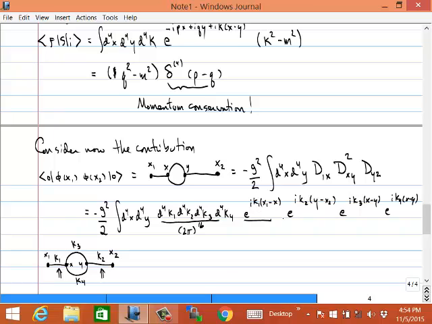And then you get a denominator for each one of these, which is k squared minus m squared. So you get a k1 squared minus m squared, a k2 squared minus m squared, a k3 squared minus m squared, and a k4 squared minus m squared. And you also get a factor of i for each propagator, but i to the fourth is equal to 1, so we don't need to worry about that one.